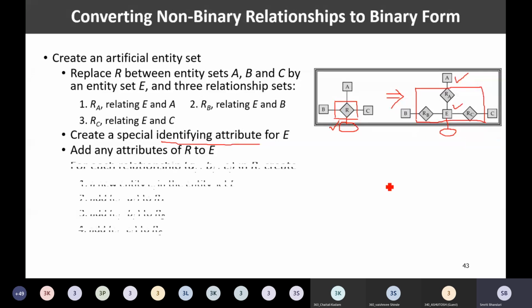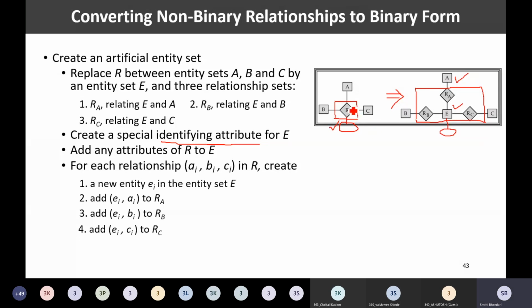Okay. Now what is there in this R? I am storing in R relationships of the form Ai, Bi, Ci. So what is this Ai, Bi, Ci? I am having the attribute from A, the attribute from B and the attribute from C, and that comprises one relationship in this relationship set R. So whatever relationships are in R, I need to split now into this form.